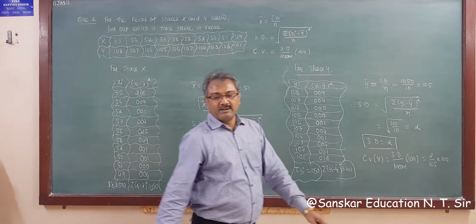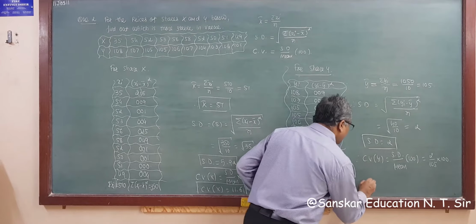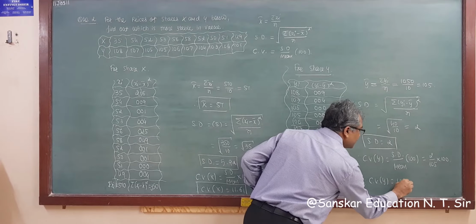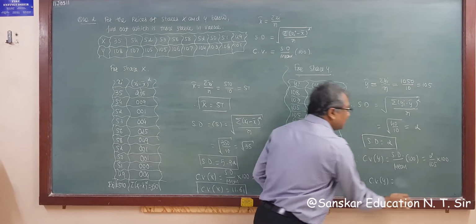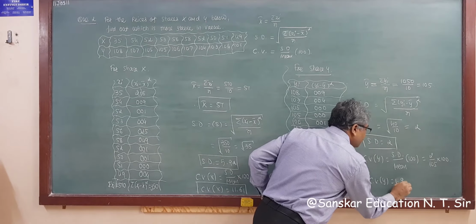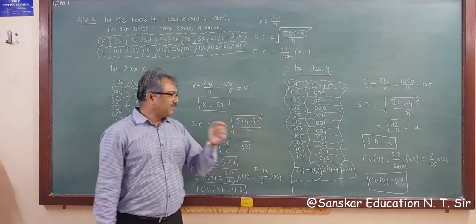So 200 divided by 105 is 1.9. So CV for y is equal to 1.92, that is 1.9. CV for y is 1.9.